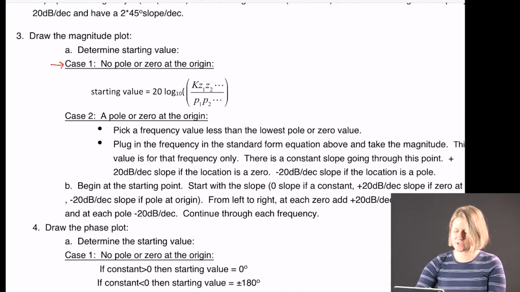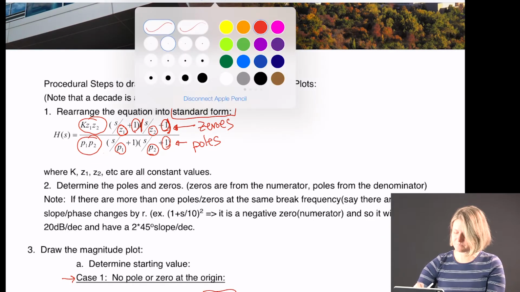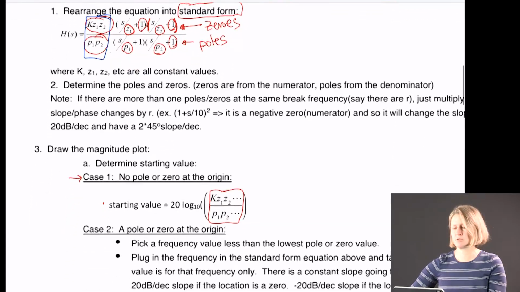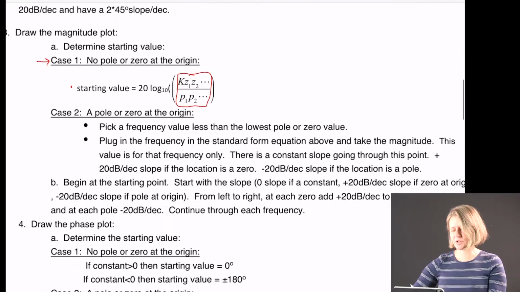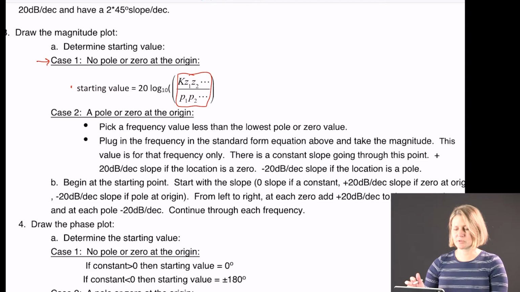All you do is take 20 log of all of those numbers out in front, K, Z1, Z2, P1, and P2, and any other numbers there. That gives you what we call the starting value on the magnitude plot. It stays at that value until you get to your first break frequency, which is determined by the values you found for your zeros and poles.